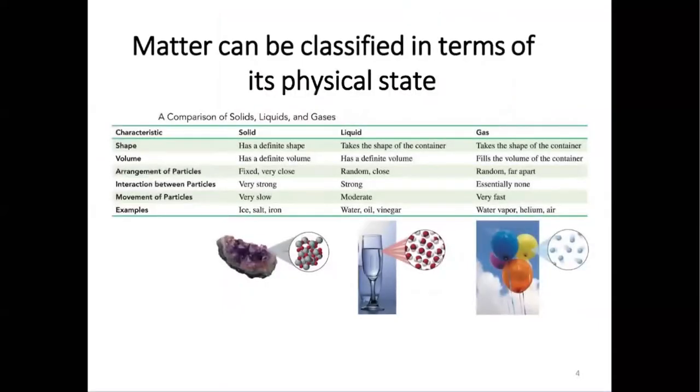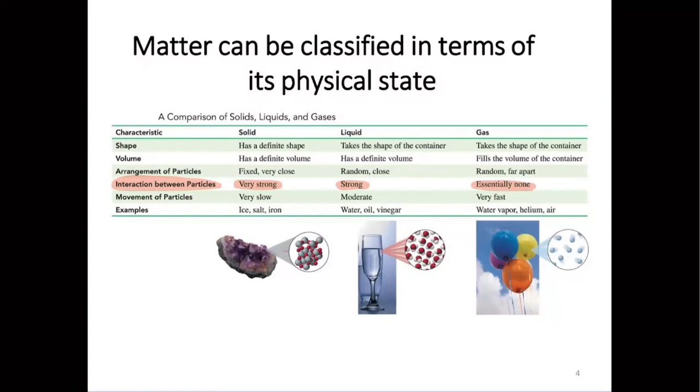And then as we can see here, which we learned some time ago, the interactions between the particles in solids, liquids, and gases are different. So I remind you from the table, because we're dealing with attractive forces, we're going to be focusing right here. As things move from solid to liquid to a gas, the attractive forces are going to be less.